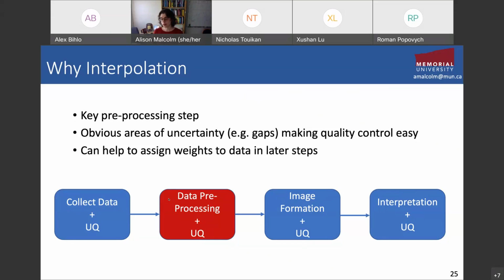We usually fill in those gaps with some sort of interpolation algorithm before we form the seismic image. But then we treat all the data the same. So even the data that we recalculated ourselves to put in the middle of some big gap has an equal weight in forming the seismic image. And that might not be ideal, especially when you're starting to look for very small changes in the seismic image.